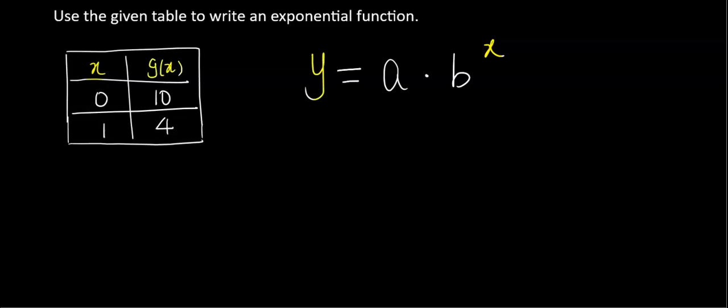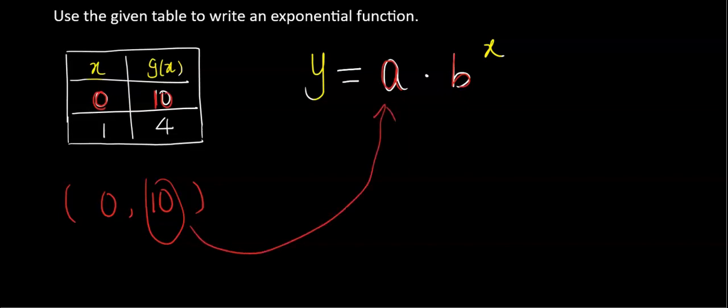All we need to figure out is what is a and what is b. To find a is really simple. Did you see these 2 points, (0, 10)? When you have 0 and 10, this 10 is your initial value, a. Remember in the previous video, we also talked about when you see this (0, 10), this 10 also tells you the y-intercept.